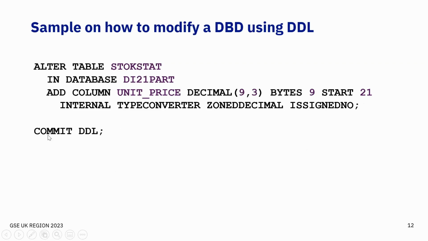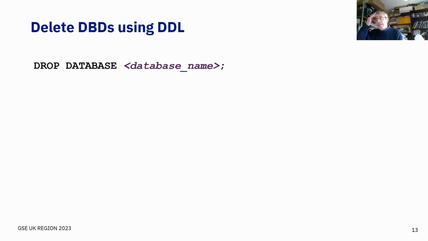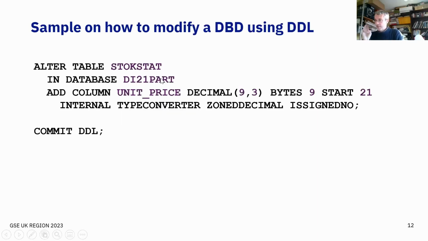And then, of course, when you're submitting this DDL, you'd have a commit DDL statement that says, yes, go ahead and commit this. Yeah. And Deepak, just a quick question? When we're talking about all the database types, we can do FastPath here, and we can do OSAM as well. It's not just restricted to the VSAM types, or FastPath as well.